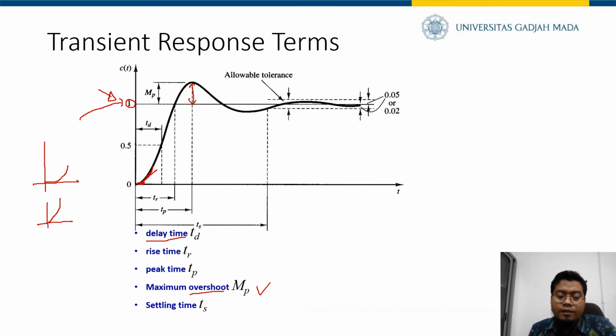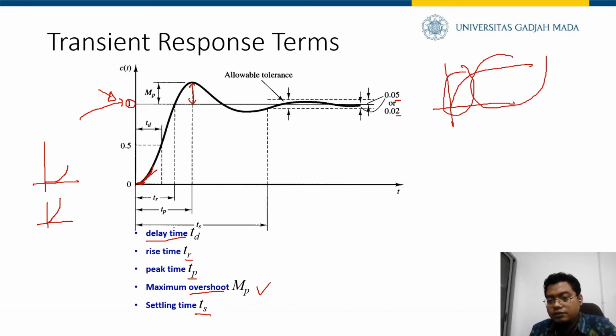Then we have rise time, peak time, and one of the most important, settling time, when the response is steady or within 5% or 2% of range. The settling time can be like this: this one is transient, and this one is settling time.